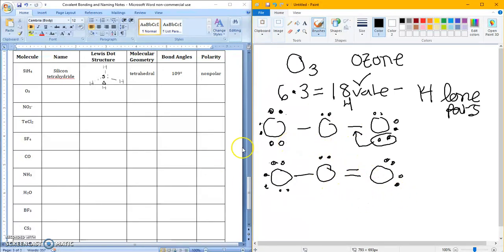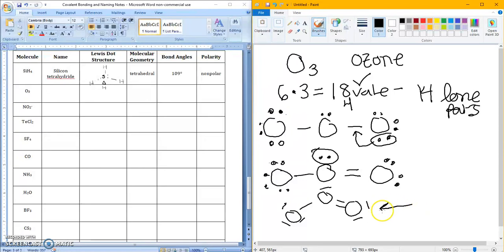Alright, then I need to check for lone pairs and see if it bends. Oh, looky here, I've got a lone pair. So this is going to bend slightly right here, and my oxygen is going to look like this. And instead of drawing out the dots, I just drew little lines to symbolize them, which is totally fine.